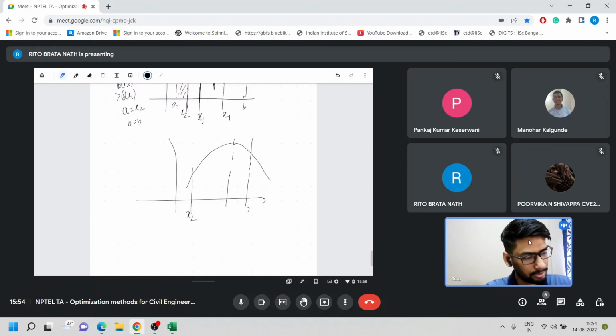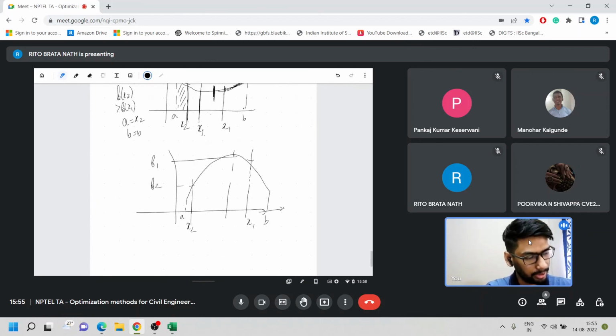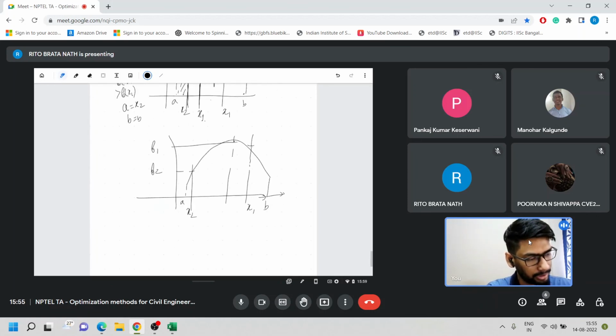Now your f1 is greater than f2, but earlier we said we'll set a to this. Earlier we said we'll eliminate the other region, but if your x1 is somewhere here, then you cannot eliminate this right portion. You need to keep it because you're maximized here. So you can eliminate this part. So this condition changes now. Your x2 becomes a and your b remains b in the next iteration. So be careful with that.